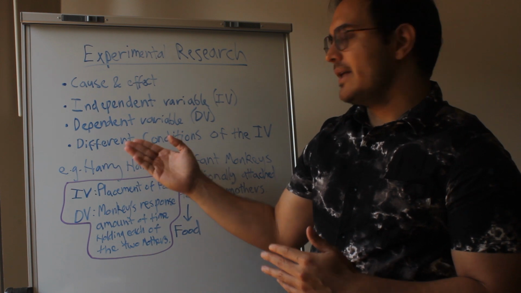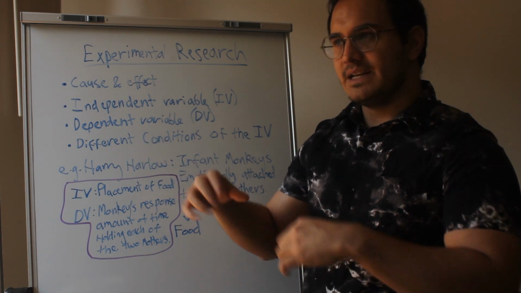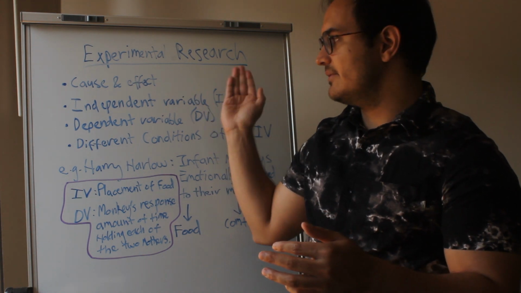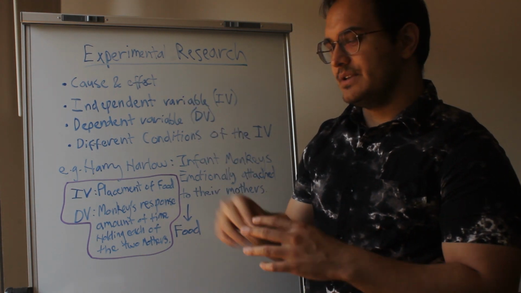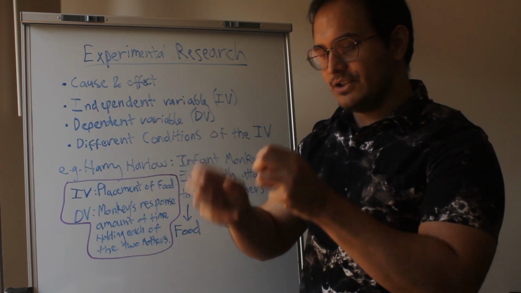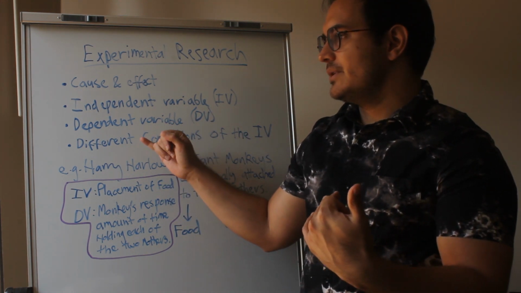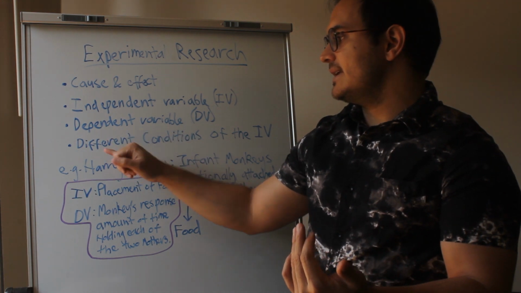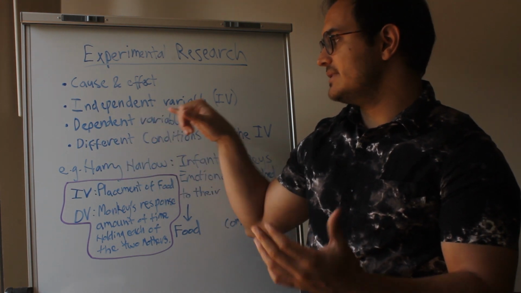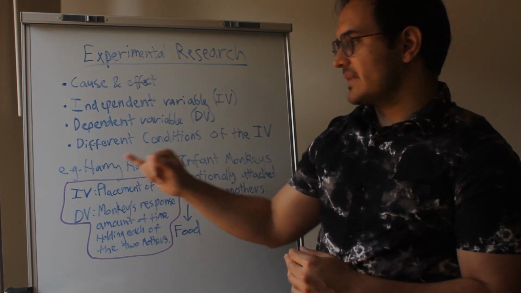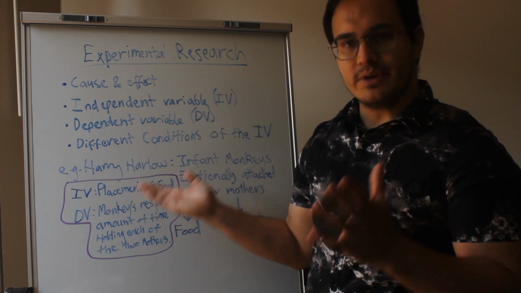And we do that through setting up an experiment where there are different conditions of the independent variable. Depending on the different conditions, we'll be able to logically see how it impacts the dependent variable, if it has an effect. Now, it's probably easier to go through an example.